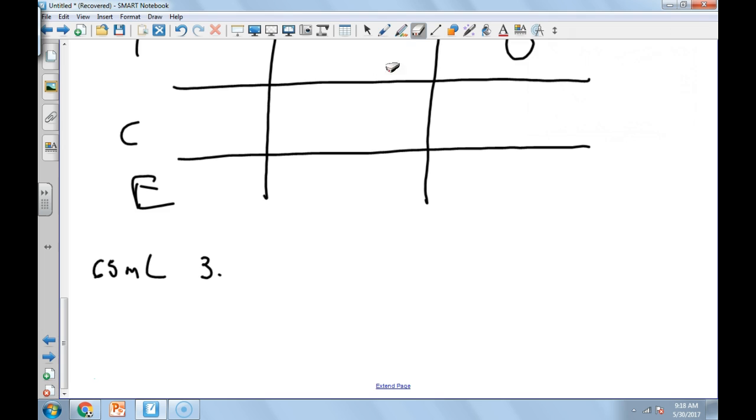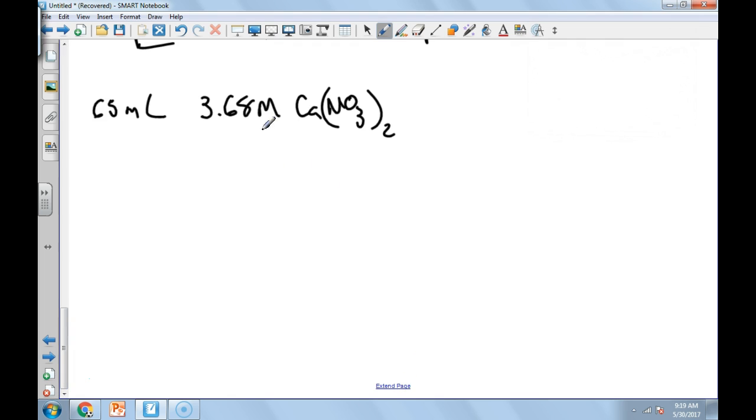Okay, so this is 3.68 molar CaNO3 2. And so to convert from milliliters to moles, we have to use this molarity. This number needs to be in liters. So we're going to go 0.